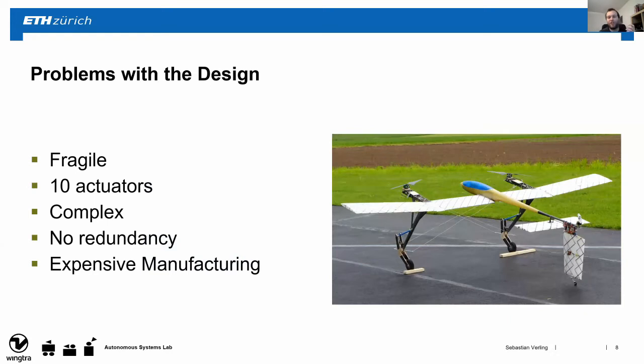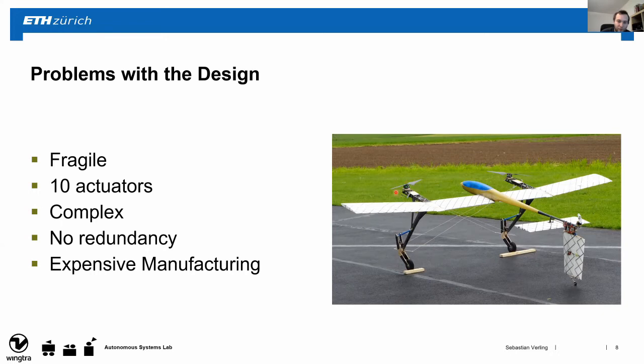Now, at the end of the project, we looked at it again and found the following issues with the design of the drone. On one hand, it was too fragile. You saw that it didn't really crash from a high altitude, but still was pretty much completely destroyed. Another disadvantage was that it had 10 actuators.